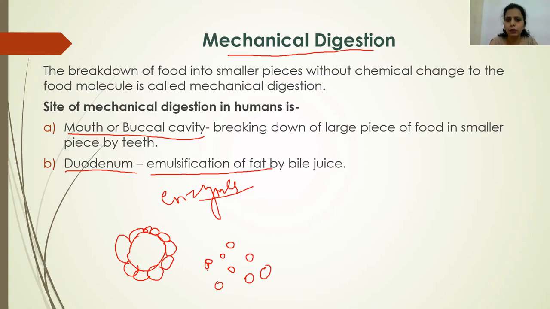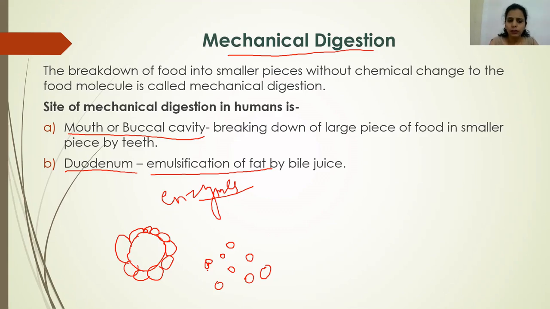By breaking down food into smaller pieces, mechanical digestion increases the surface area, and hence more and more enzymes can easily act on the food molecules in a given amount of time. Or the food can be digested very fast. The time required for the digestion of this food will be very less. So this is the significance of mechanical digestion.